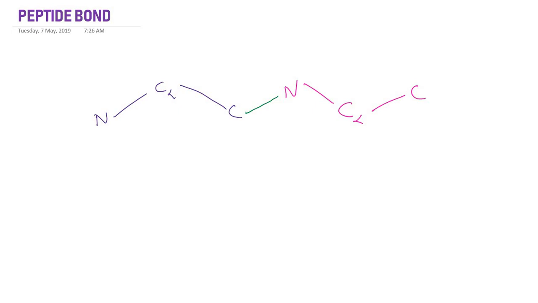So we know that this particular bond is a partial double bond because it is slightly less than a single bond, more than a double bond. So there is limited movement. But all these bonds are true single bonds between N and alpha carbon. This is a true single bond, and between C alpha and C, this is also a true single bond.